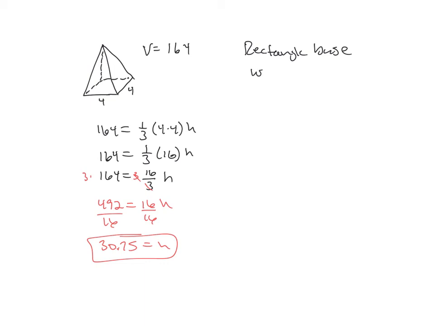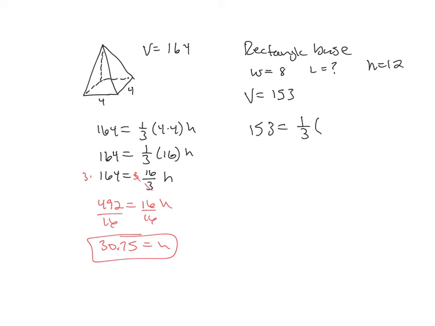Let's say I know the width is 8 and the length, I don't know. But maybe it says the height is 12, and then the volume is 153. I'm just making stuff up here. Let's see what happens. So the volume is 153.